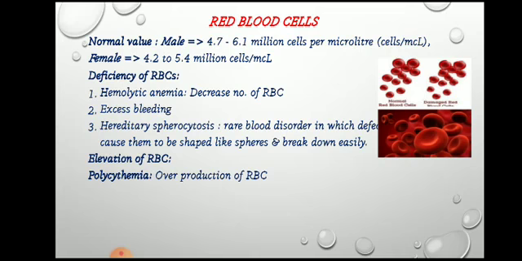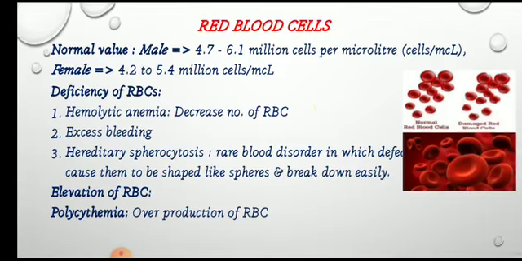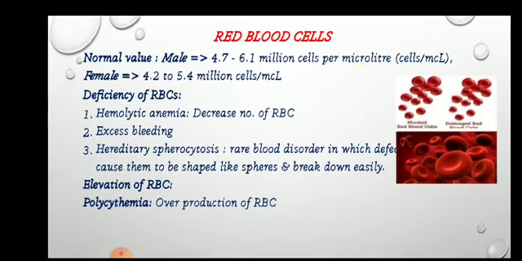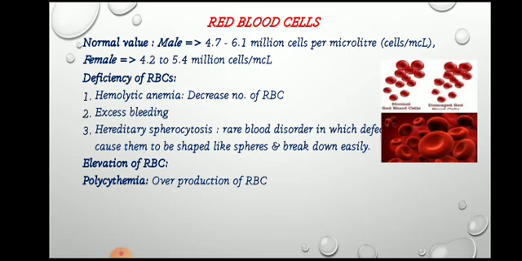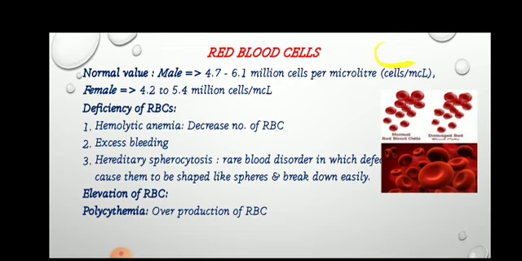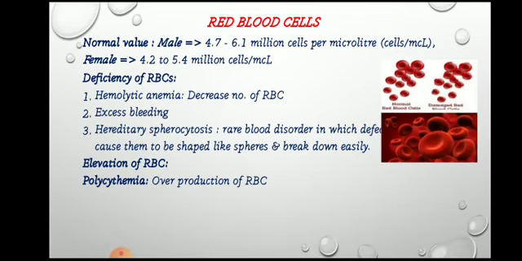First of all, the RBC, red blood corpuscles. The normal value in males is 4.7 to 6.1 million cells per microliter, which is indicated like this, cells per mcL.